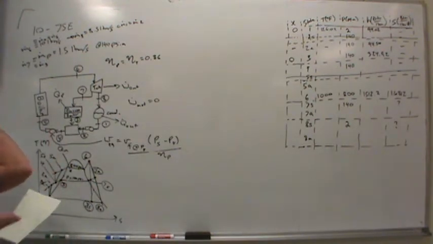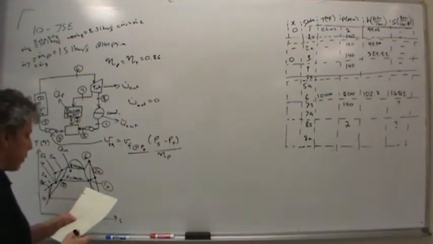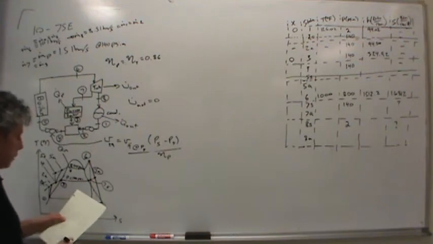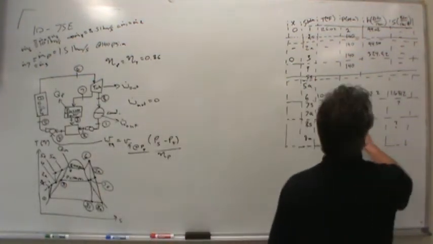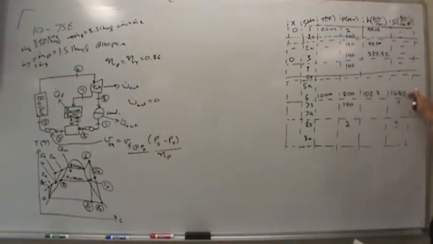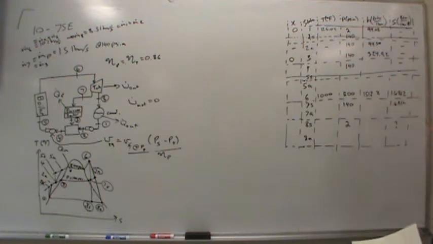We should be able to figure out what the enthalpy at state 7s should be. How would we do that? Well, we know that the entropy in state 6 is something that we can find. In fact, we already have. We've got it right here. So the entropy in state 7s would be the same, because it's an isentropically related state to state 6.